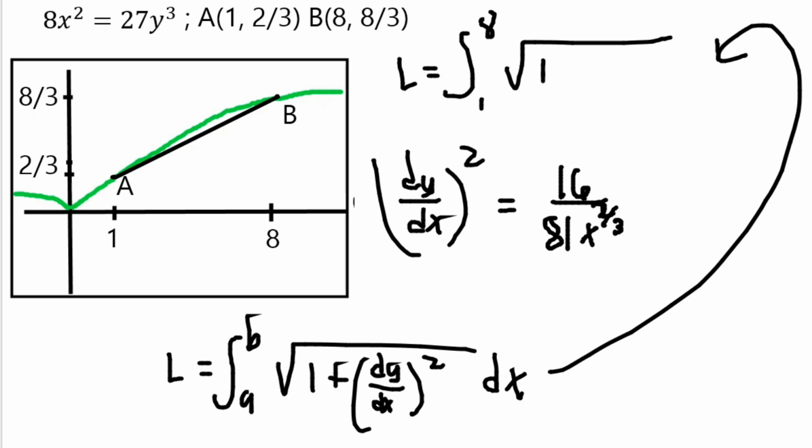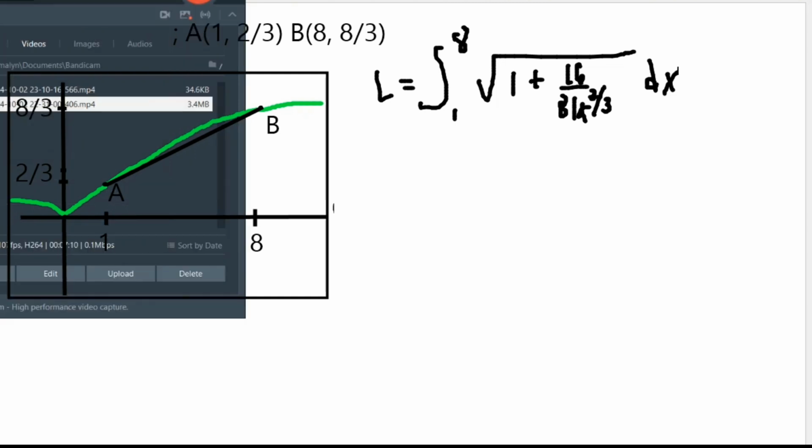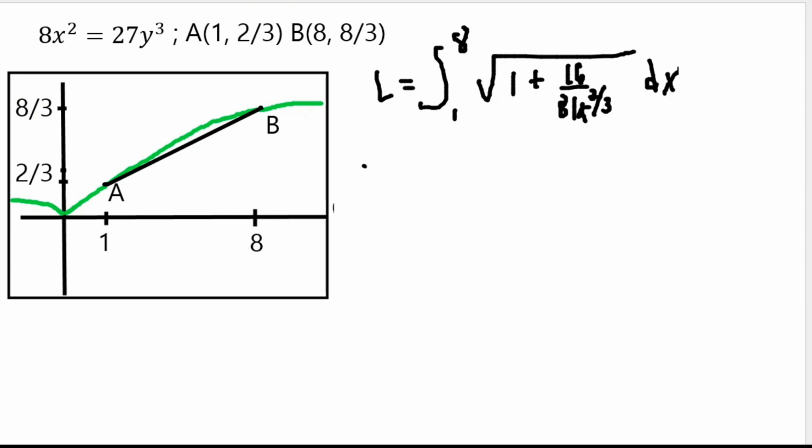So we have the integral of the square root of 1 plus 16/81 x raised to the 2 over 3, dx. Okay, so now what we're going to do is solve this integral.